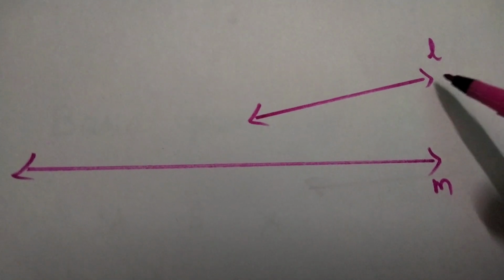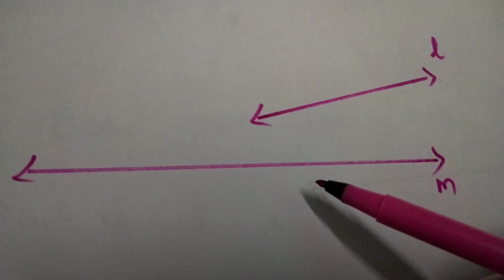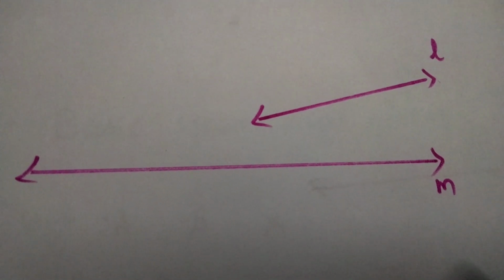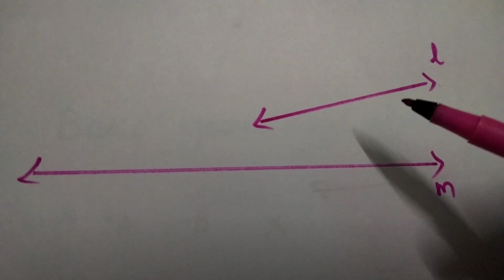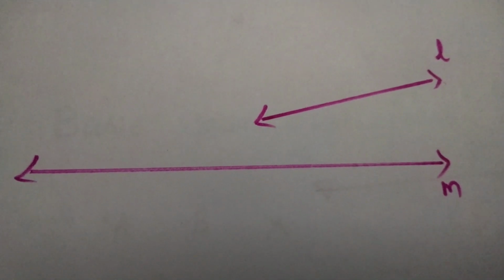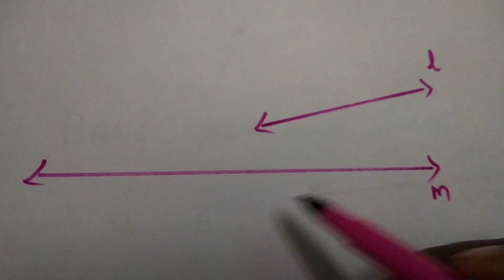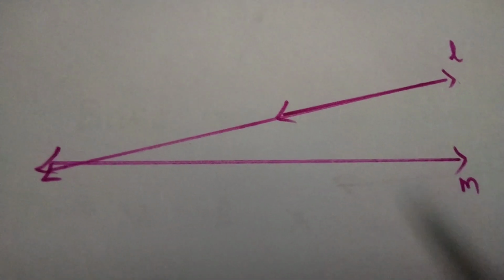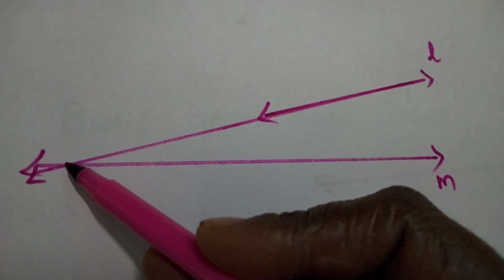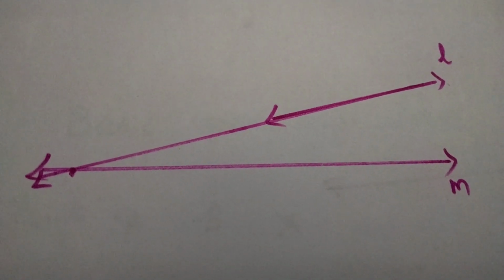See these two lines, this is L and M. They didn't meet, but we can't say these two lines are parallel lines, because since I already said line means it is extendable on both sides, isn't it? If I extend this line L, it may touch the line M. See, I extended the line, it crossed at one point, isn't it? So like these lines, we can't say they are parallel lines.